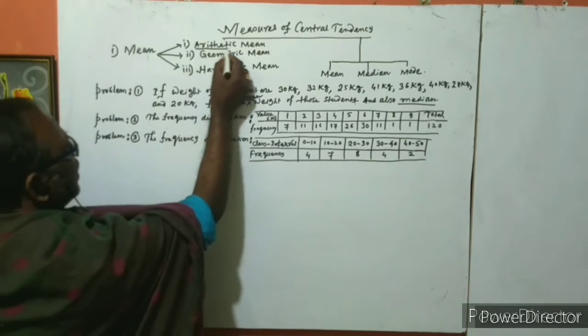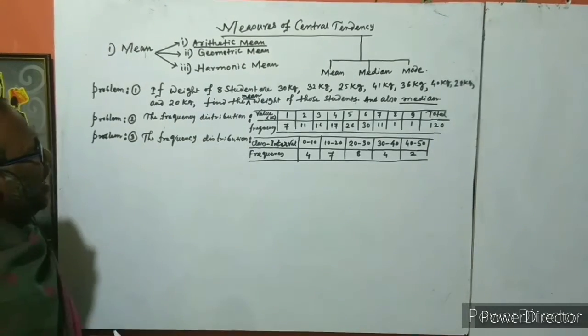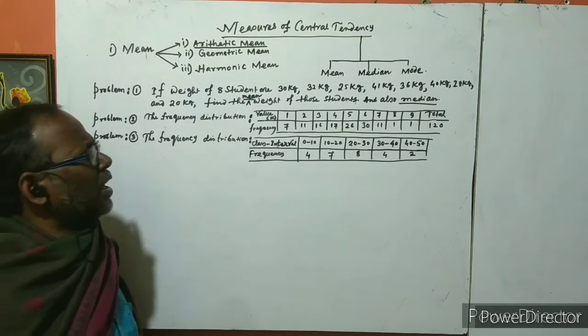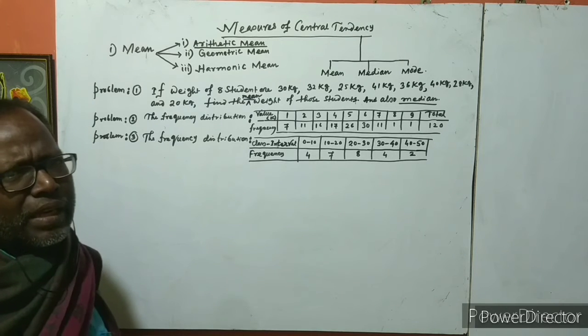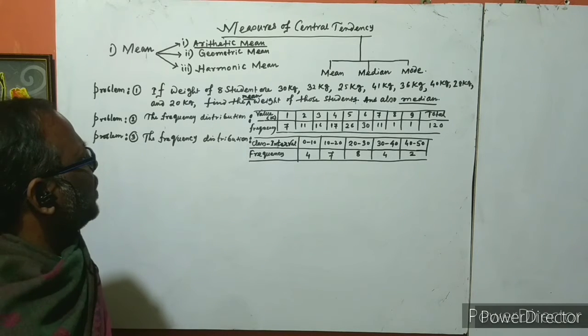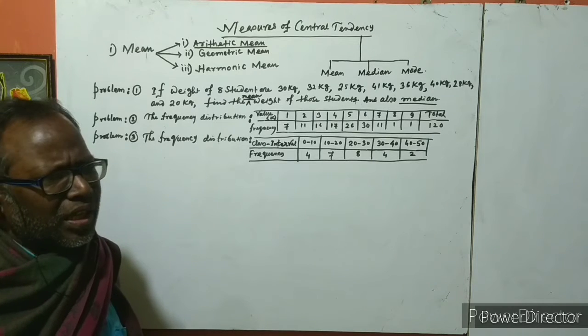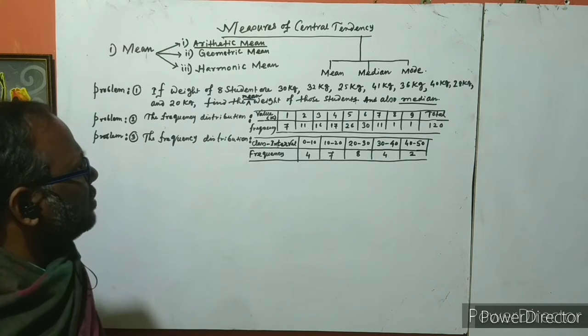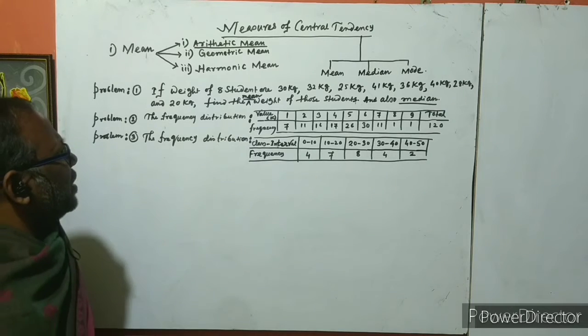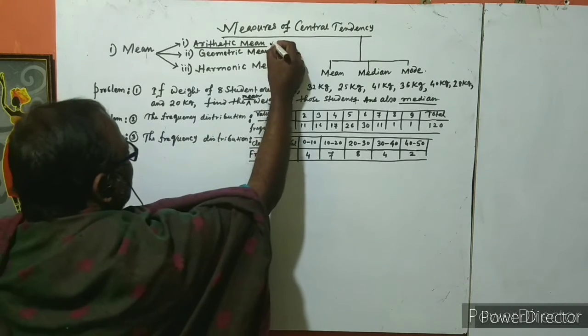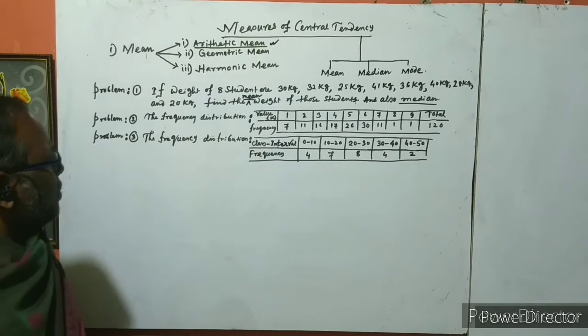Some other exams like BCom and other computer exams always use the geometric mean. For the BCA exam, for the first semester and some other semesters, the discussion is only about the arithmetic mean.